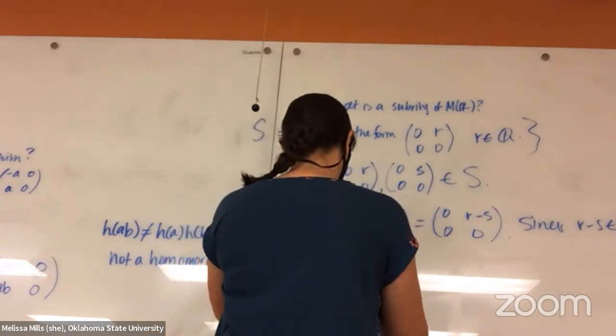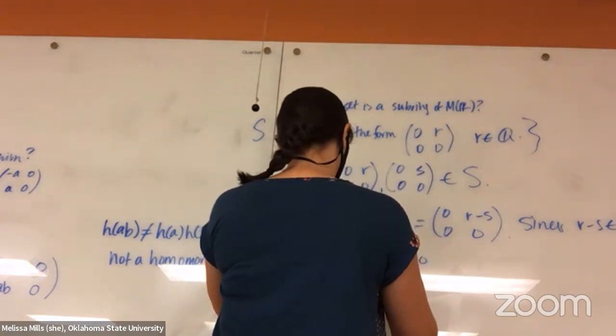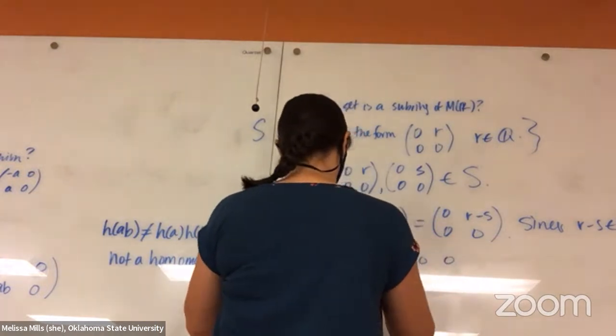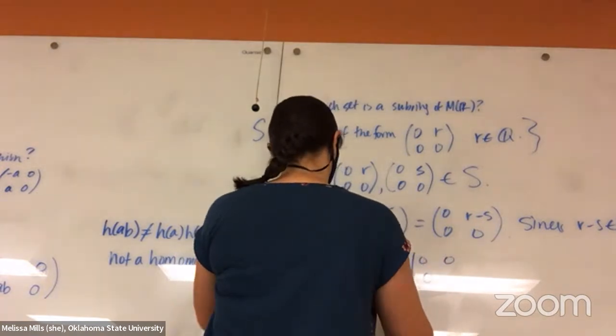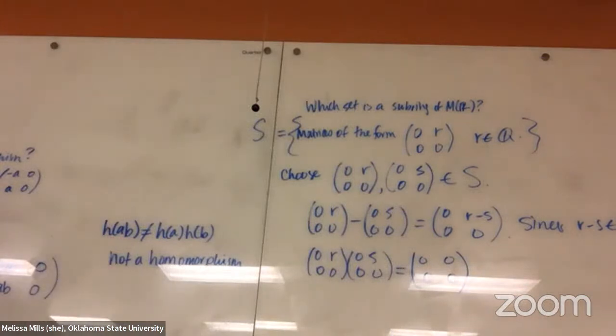And we get that. Well, is it closed under multiplication? Is that 0 matrix in our set S? It is.